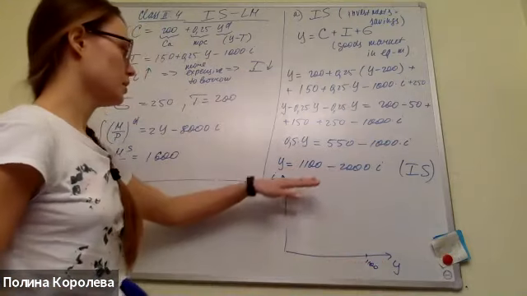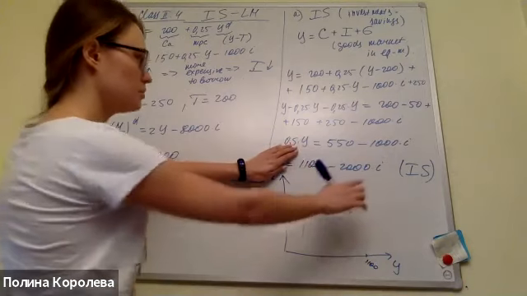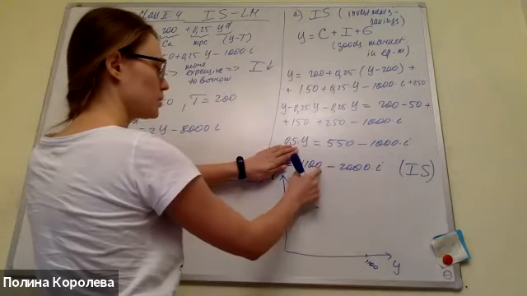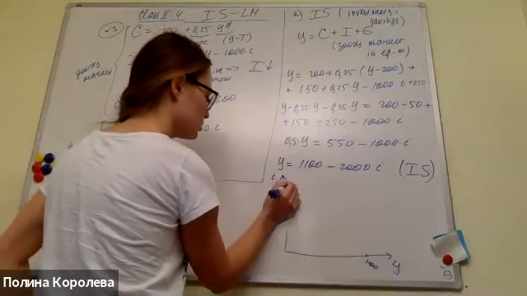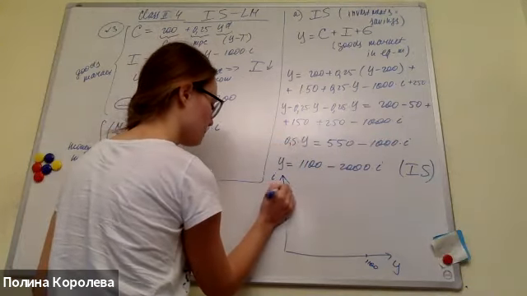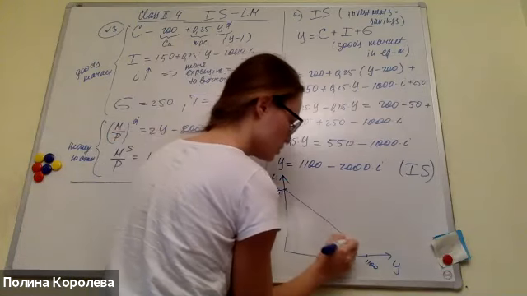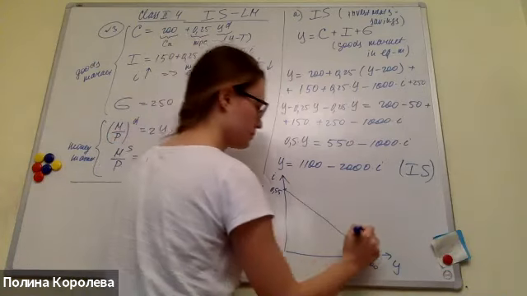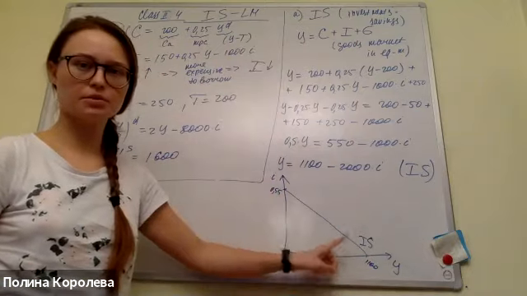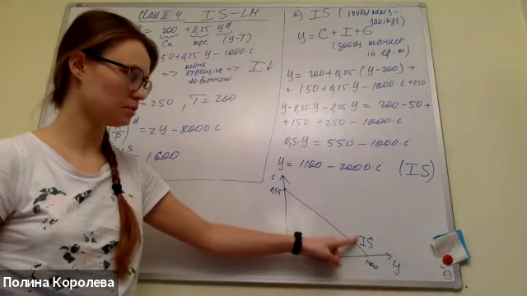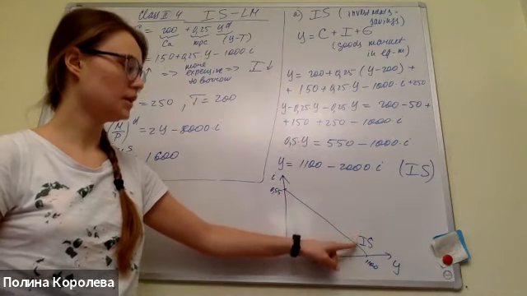And vice versa, if GDP equals 0, interest rate is equal to 1100 over 2000, which is 0.55. And draw this line. Write down, always name lines for us to understand what you have drawn.